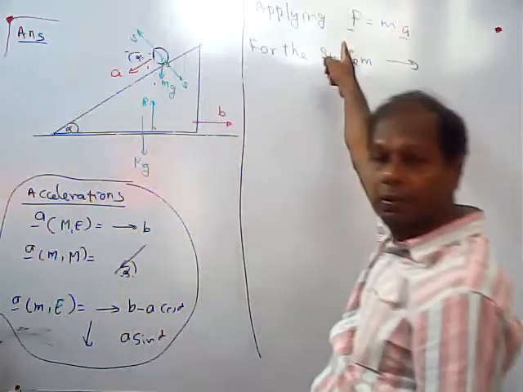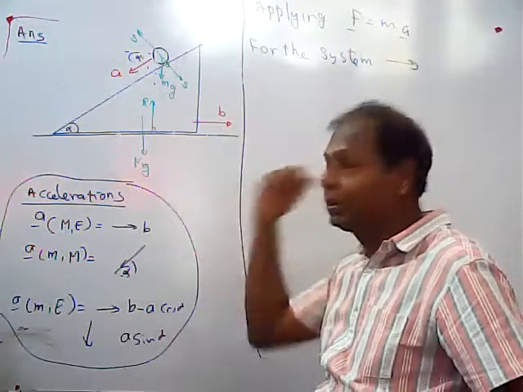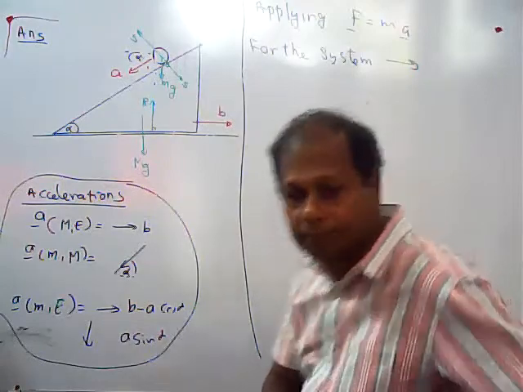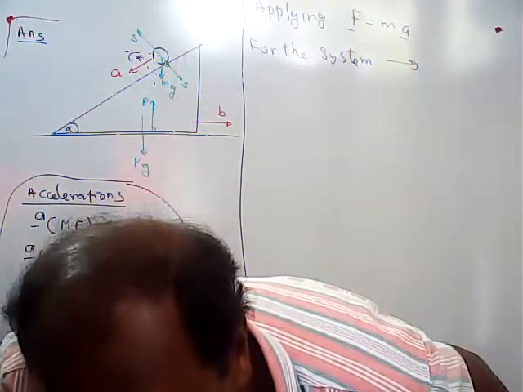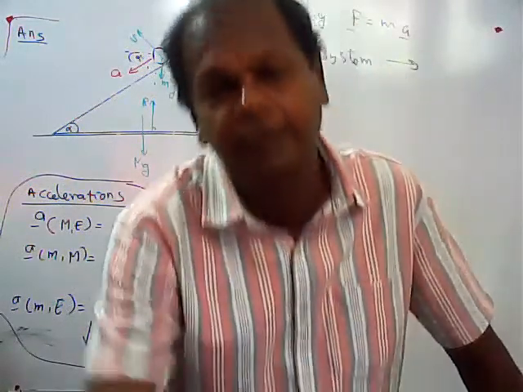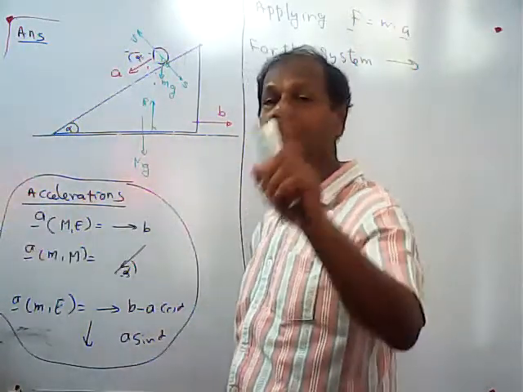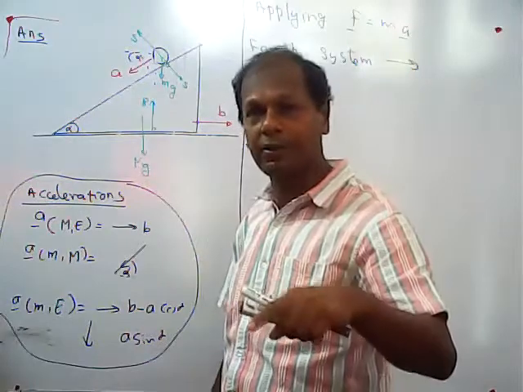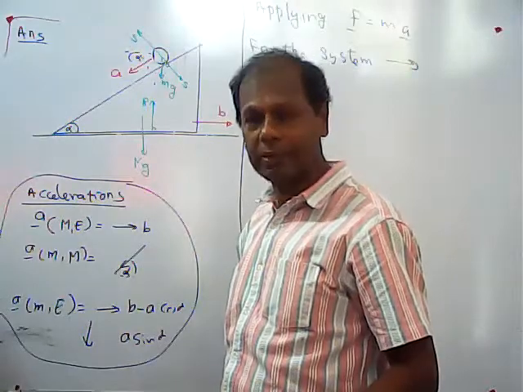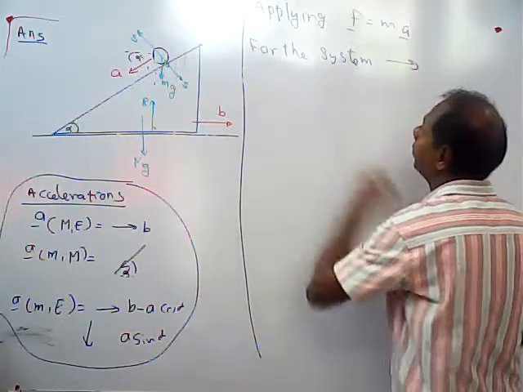Yes, zero. Your answers are correct. So there is no force on the system horizontally, so the left hand side is 0. That's why I said you're going to get a much simpler equation. So we will take it first and then think about the second equation.